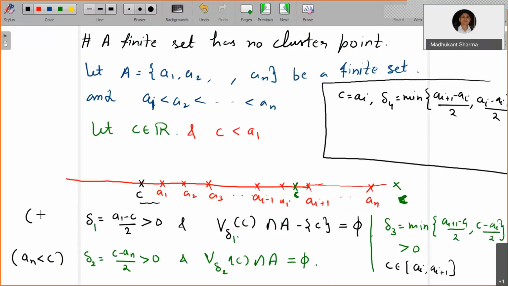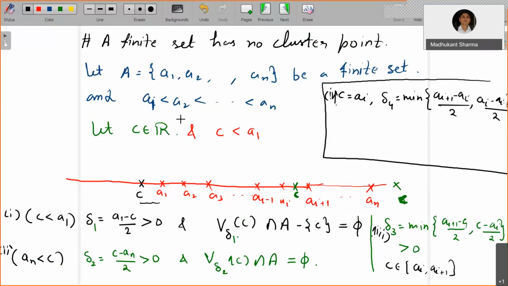In this case, c is less than a_1, 2, and this is 3, and this is 4. So none of the cases means c does not become a cluster point of the set. Therefore, the set has no cluster point.